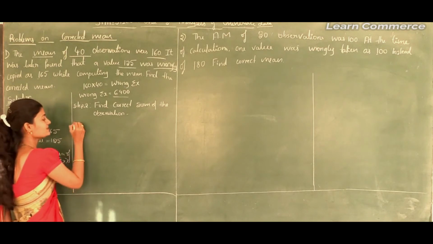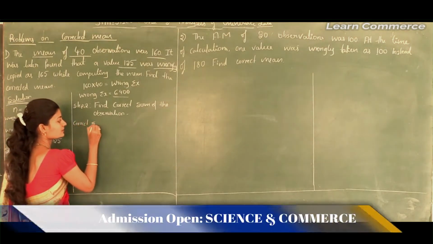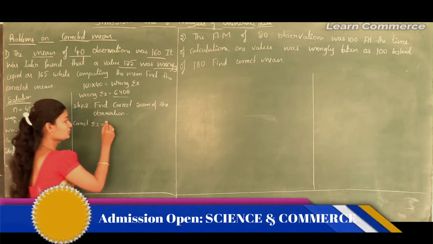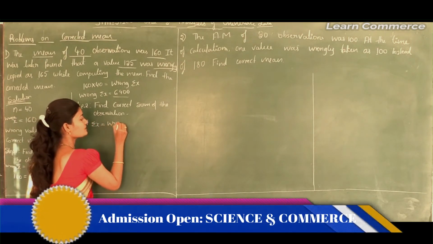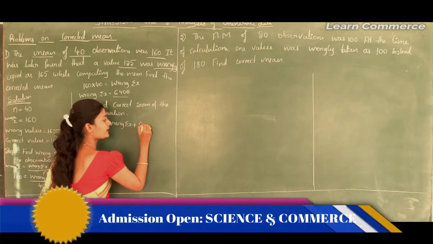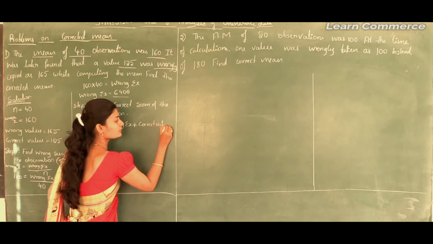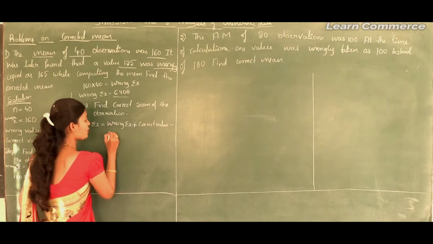The formula is: correct sum of the observations is equal to wrong sum of the observations plus correct value minus wrong value.